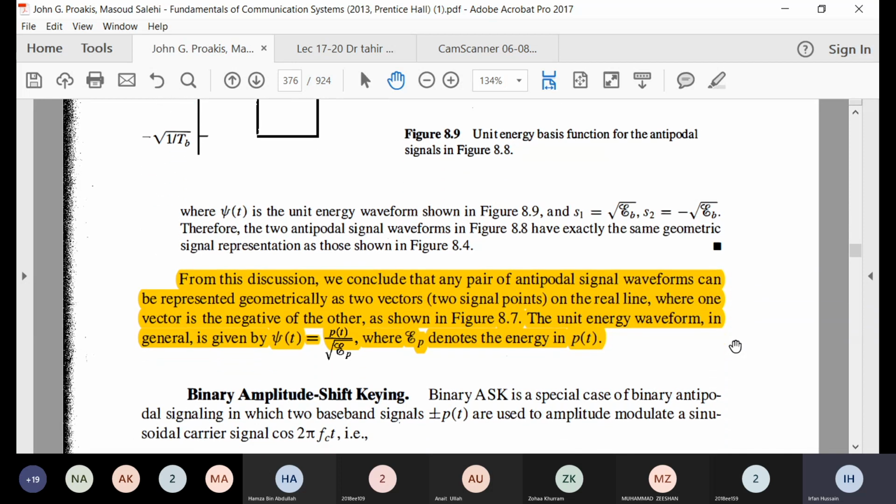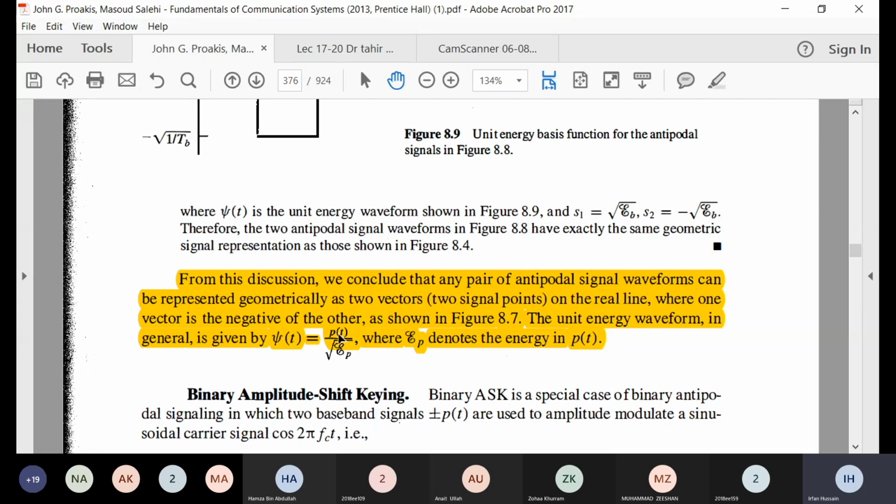So very important result, that any pair of antipodal signals will always be a pair. One has to be the negative of the other. They can be represented geometrically as two vectors on a real line. One vector is the negative of the other, and the unit energy function is given by p(t) over Ep. Ep denotes the energy in p(t). But we have just seen that it is very simple.